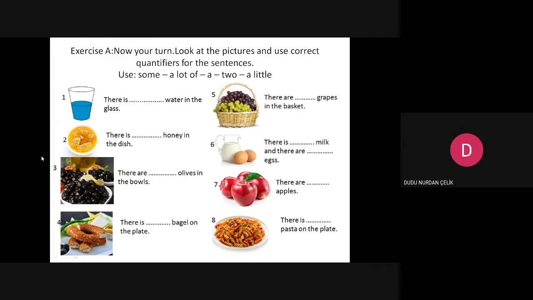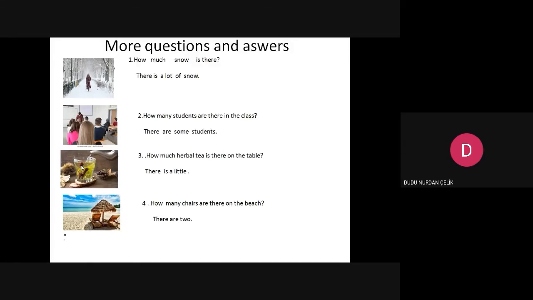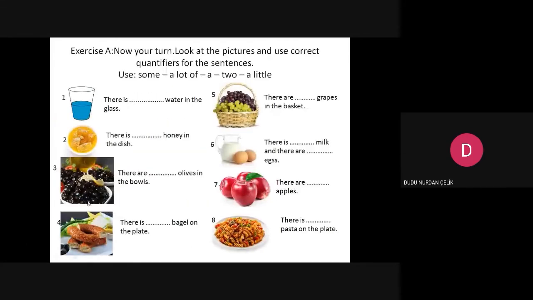The third one, olives, black olives. Olive is also countable, remember? Okay, and let's make a guess. Well done, students.